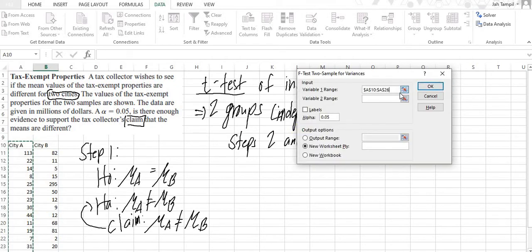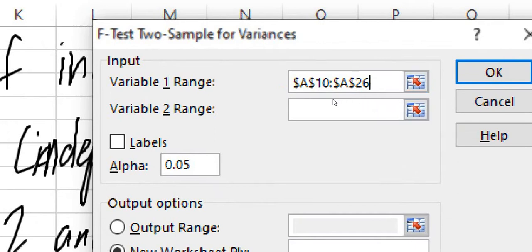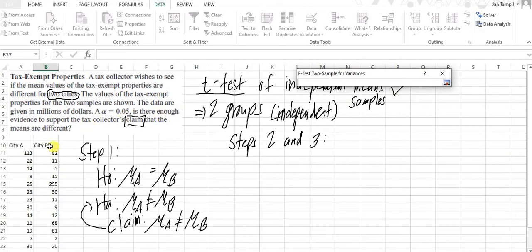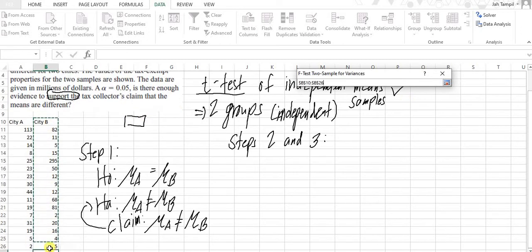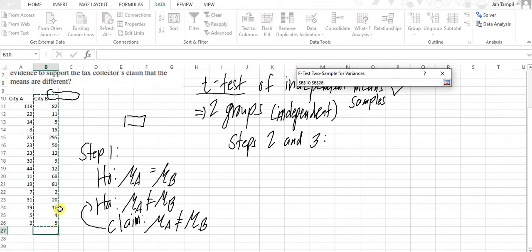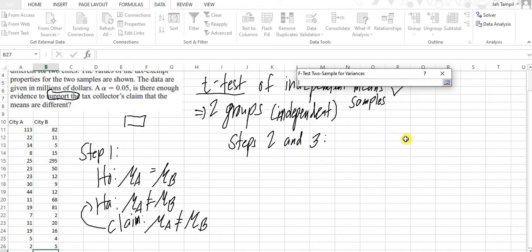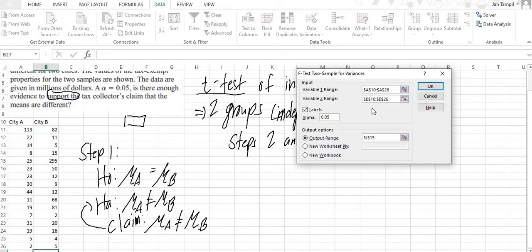Next, variable 2, we would use the second one given, which is city B. Alright, the labels are with them. It says here that alpha is equal to 0.05. The output range, I will choose first this one. When everything seems okay, we click OK.